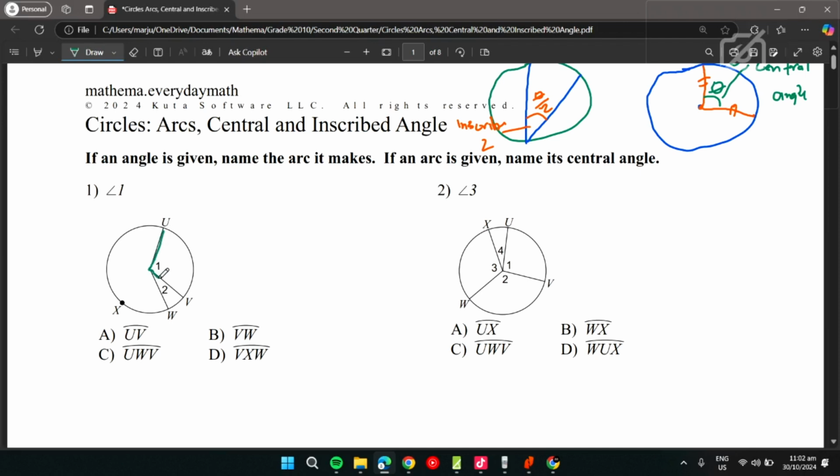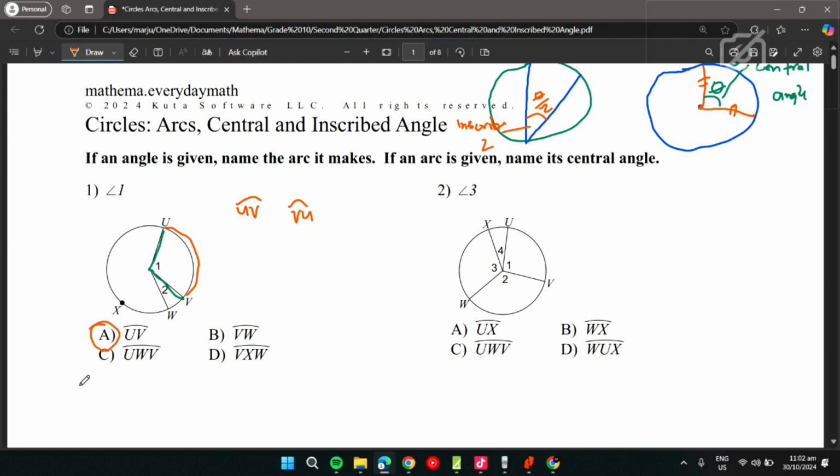So ano yung arc na nagawa niya? Ito yung arc, try to see. This is the arc, right? Ito. So anong arc yan? That is just arc UV. Or you could do arc VU. It doesn't really matter. They're equal. So anong letter yan? That is actually letter A.